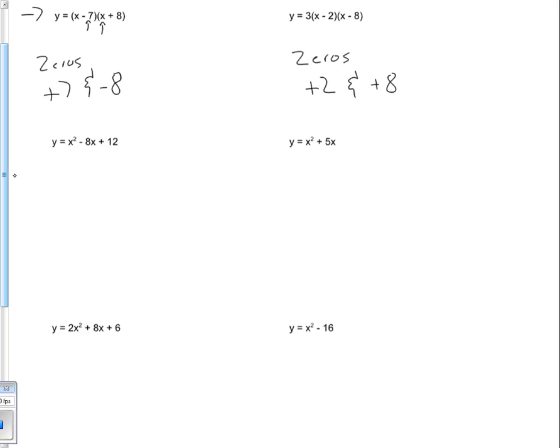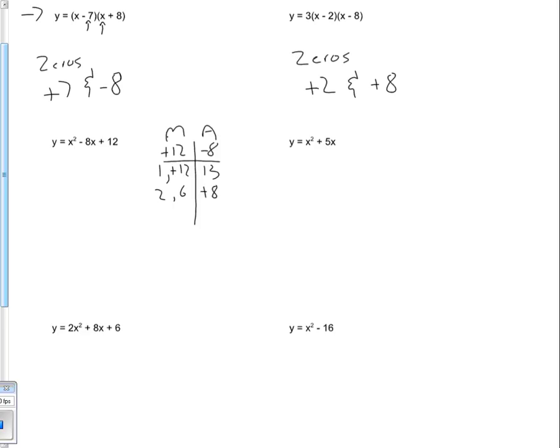So first thing that we need to do is actually convert from standard form into factored form. In order to do that, we need to use our factoring. So we need to find two numbers that multiply to positive 12 and add to negative 8. So we know that those two numbers have to be both negative. So if I look at 1 and positive 12, they would add to positive 13. 2 and 6 would multiply to positive 12, but that would give me positive 8.